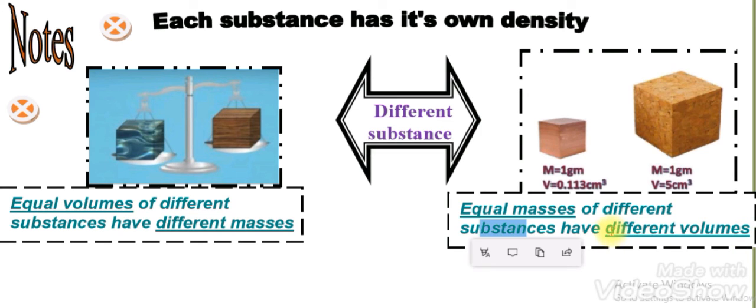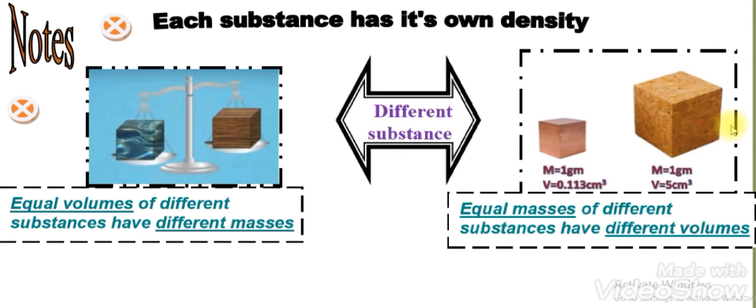So they will have different volumes. We can conclude that in the case of different substances, each substance has its own density. How does that come about? Between 2 different materials with equal volume but different masses, the density number will be different.